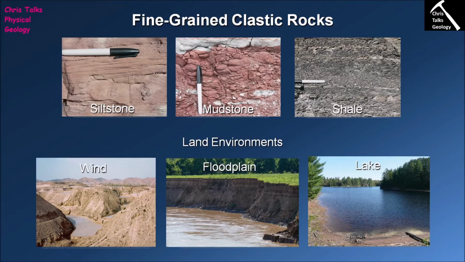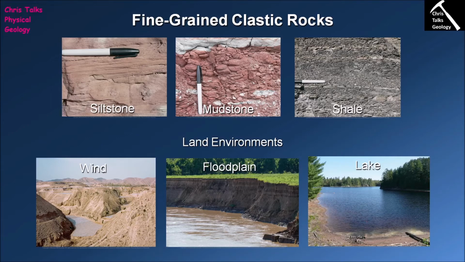And so that gives you a hint of some of the distances that can be covered by this stuff. So if you happen to be in an environment where you have lots of this wind-blown clay and silt-sized material being deposited, it can slowly build up over time and in some cases form reasonably large deposits of clay and silt-sized material.